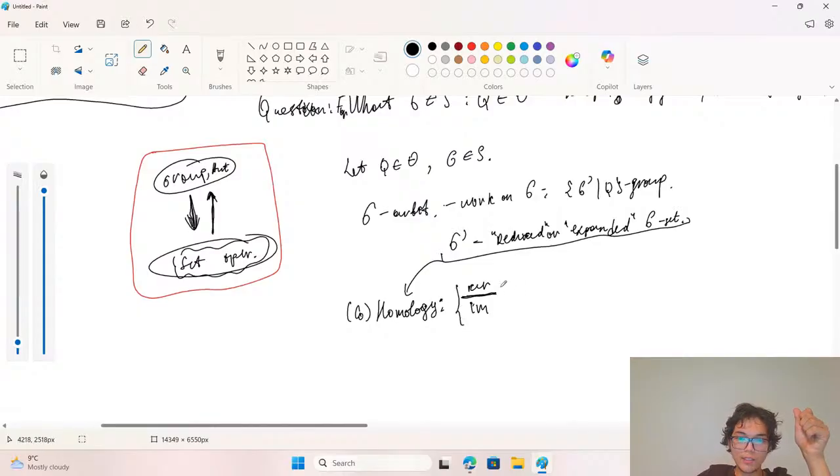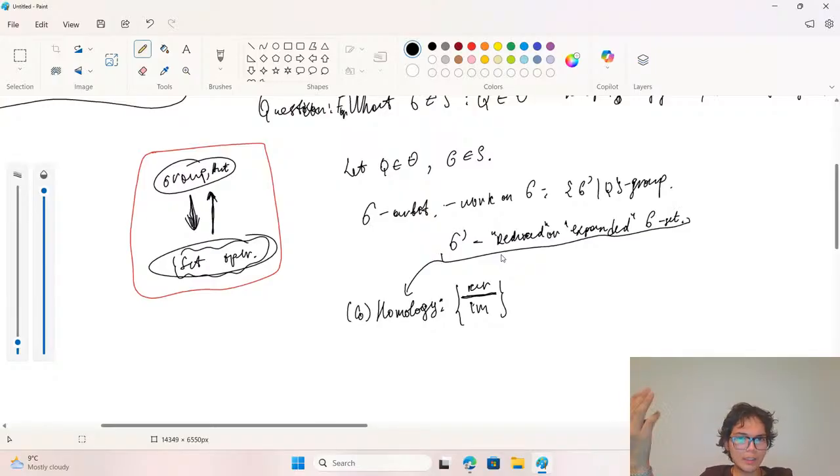And this group or this object, and particularly its value, maybe its dimension.